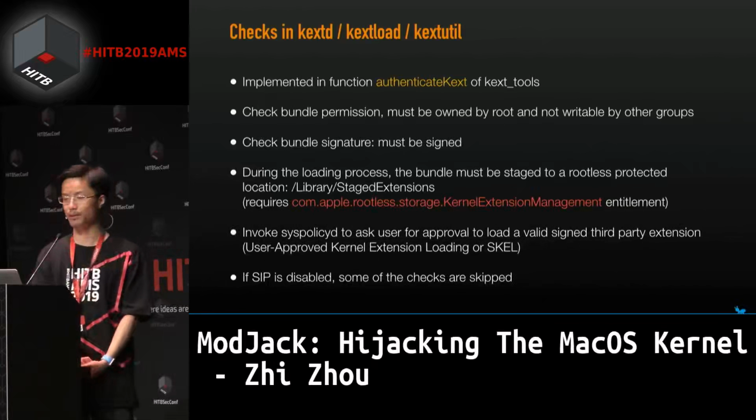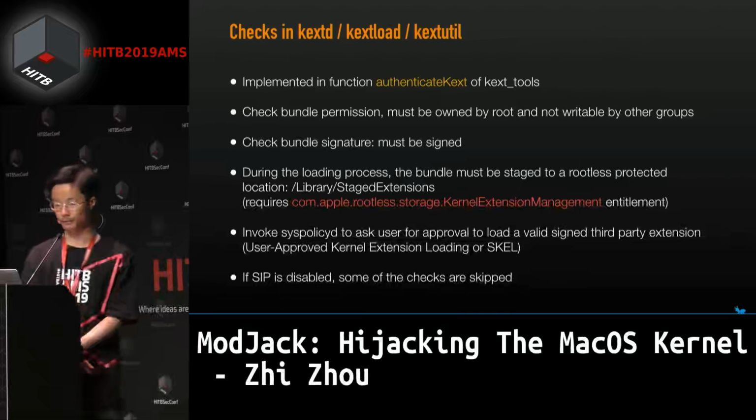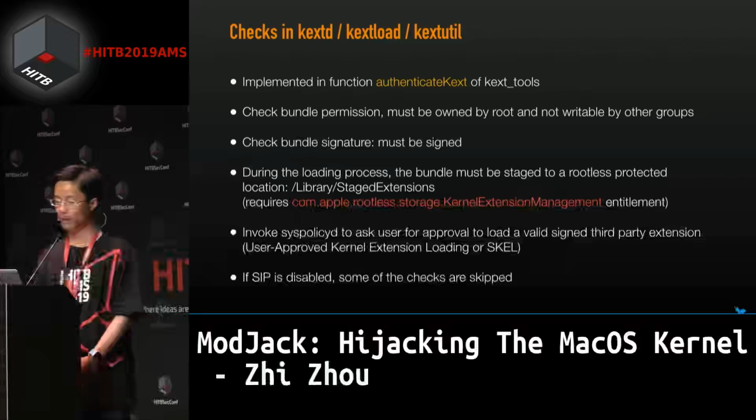All the checks performed by these binaries are implemented in the function authenticateKext. It checks the file permissions: the file must be owned by root and not writable by other groups.